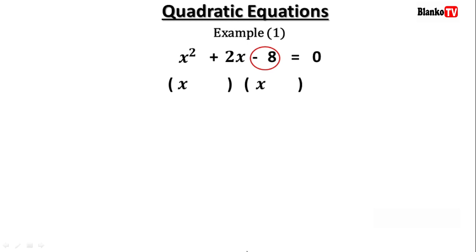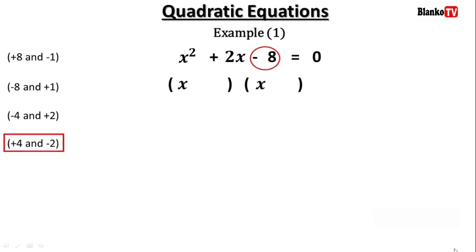Now we find the factors of negative 8: 8 and negative 1, negative 8 and 1, negative 4 and 2, 4 and negative 2. Among these factors, we select the one that, when we put it in the brackets, the product of the outer terms plus the product of the inner terms gives us 2x.